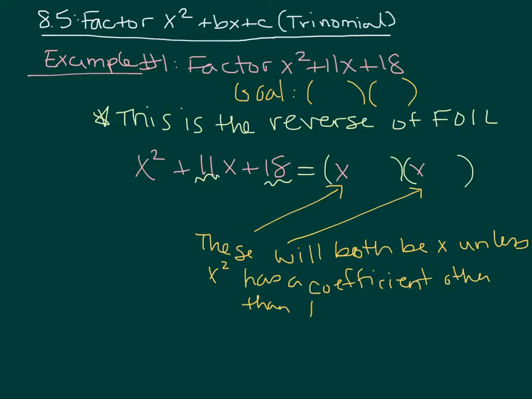In this case, everything in this section is only going to have a coefficient of 1, so you don't really need to worry about those two things until next section. So always start off with x and x.